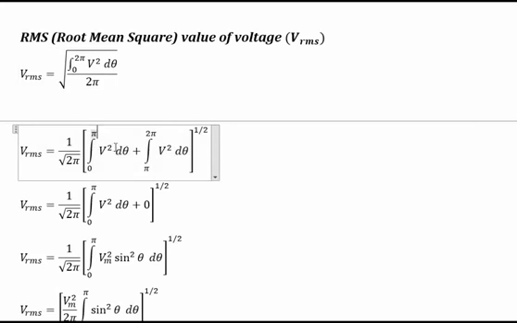First, the range from 0 to pi of v square d theta, and another from pi to 2 pi of v square d theta. For pi to 2 pi the value is 0, so this whole integration will become 0.